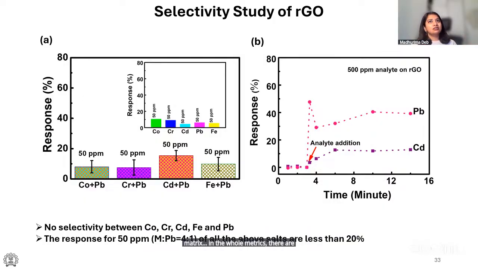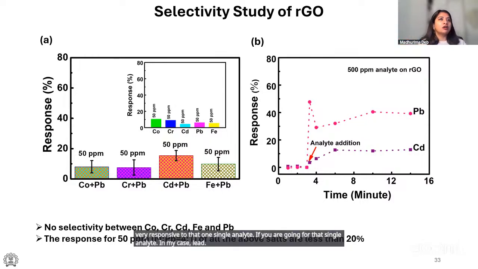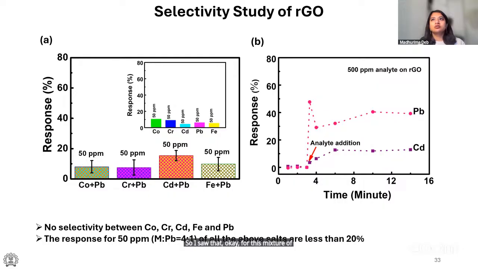So we have to design our sensor in such a way that it is very responsive to one single analyte, in my case, lead. I saw that for this mixture of ions also, it is not performing well. Even for 500 ppm of analyte, lead and cadmium, I wanted to see. Though for lead it provided more response, it did not provide a distinct response for the mixture of ions. It was showing more or less a similar response to the single analyte.